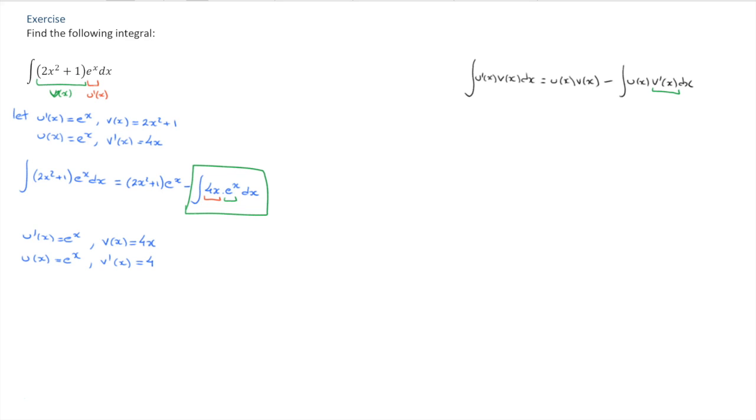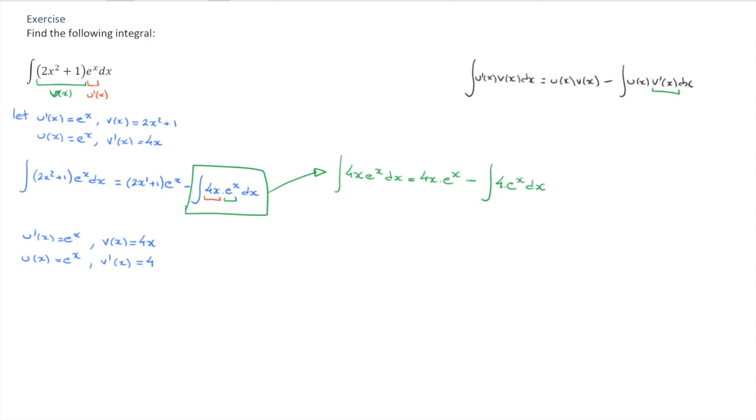And so, if we focus on the integral boxed in green here, this can now be written as the integral of 4x e of x equals, using integration by parts, u of x times v of x, so that's e of x times 4x, which is the same as 4x times e of x, minus the integral of u of x times v dash of x, so that's minus the integral of e of x times 4, which is the same as 4 times e of x.